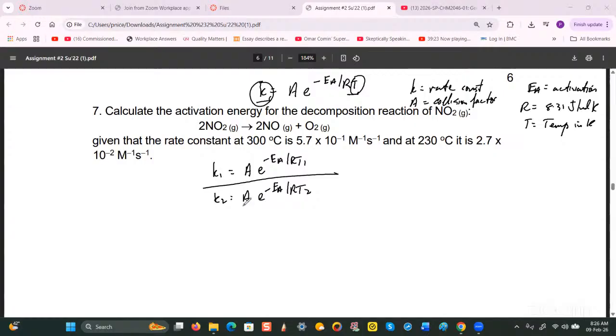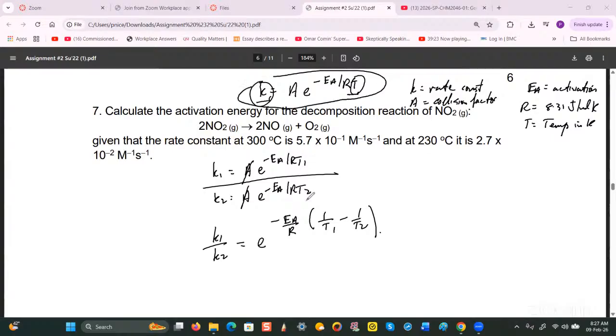Now, if you divide one by the other, what's going to happen is that the A will cancel out, and you'll be left with K1 over K2 is equal to e to the minus EA over R times 1 over T1 minus 1 over T2. So this is a different way of expressing the first equation I showed here, right?